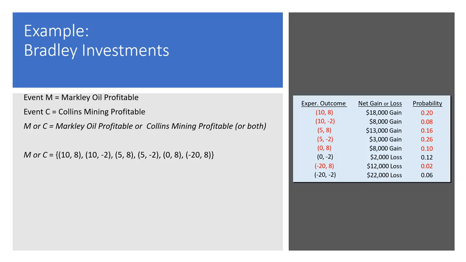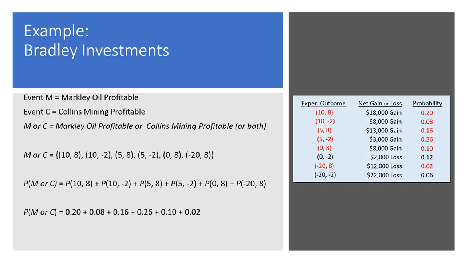So then we can take the probability values for each of those experimental outcomes that was predetermined by an analyst using a subjective probability approach, and we can add all of those probability values together, with the resulting probability of one or the other or both of them being profitable being 0.82.